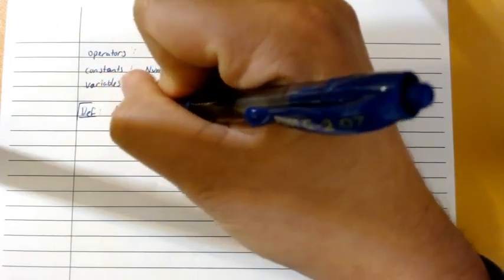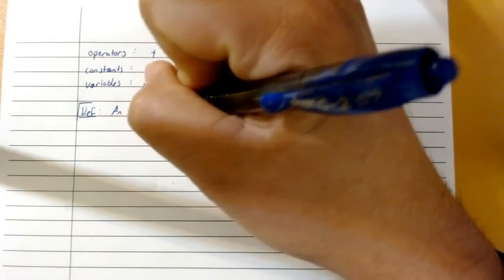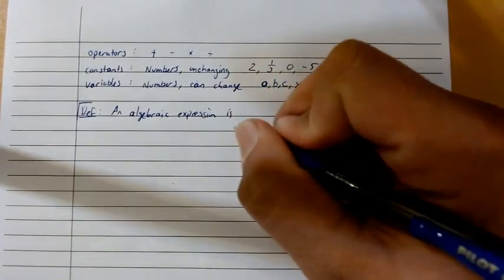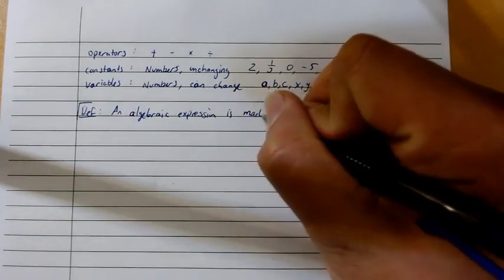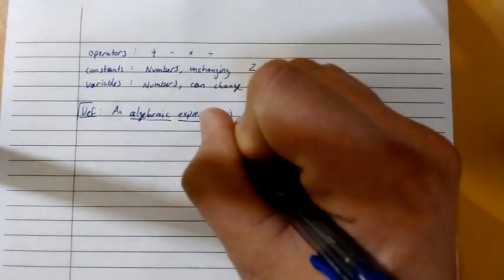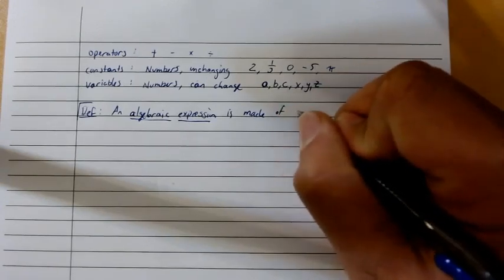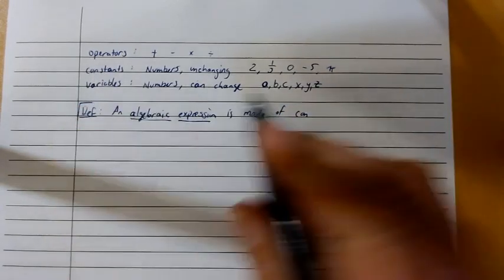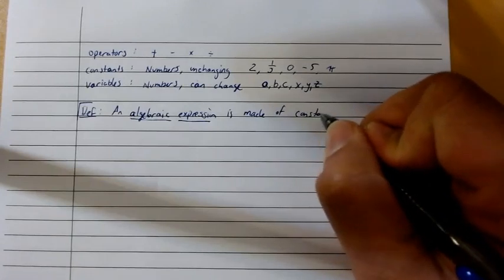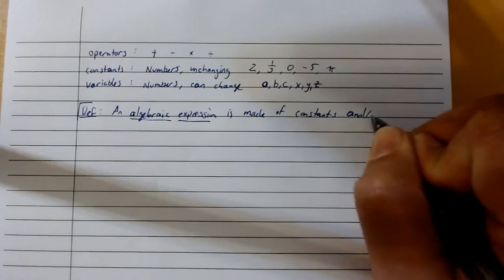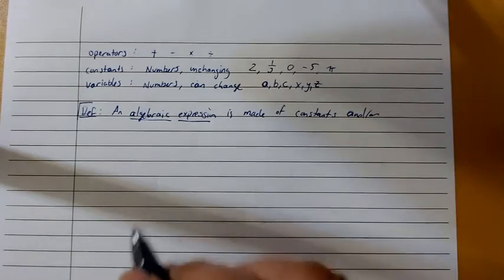An algebraic expression is made of numbers, either constants and/or variables, because you can have one, the other, or both.